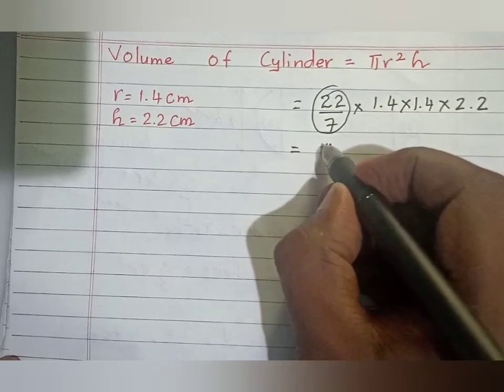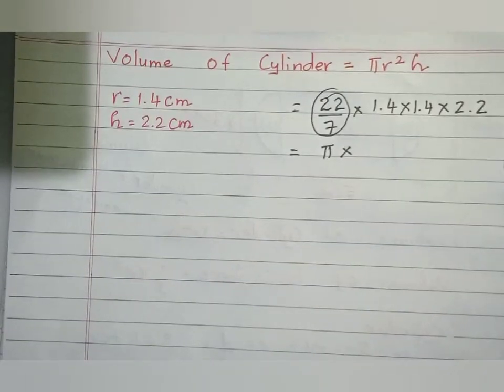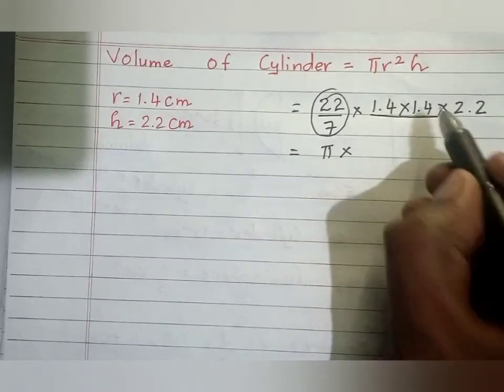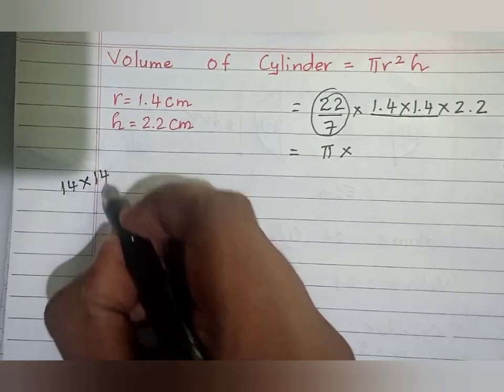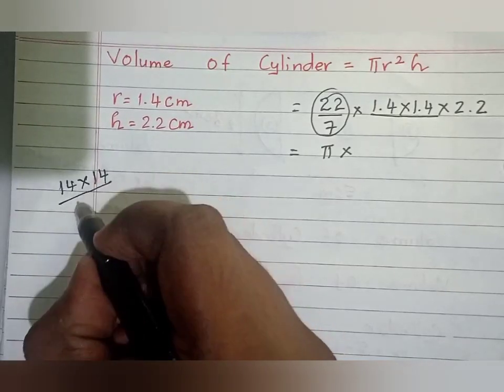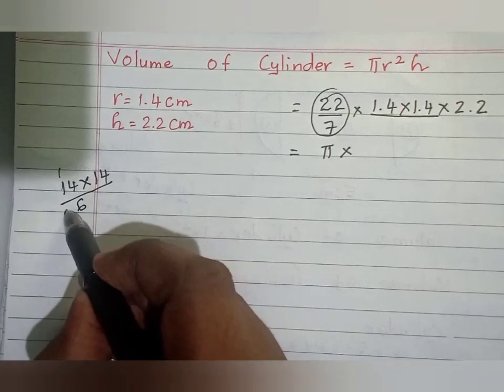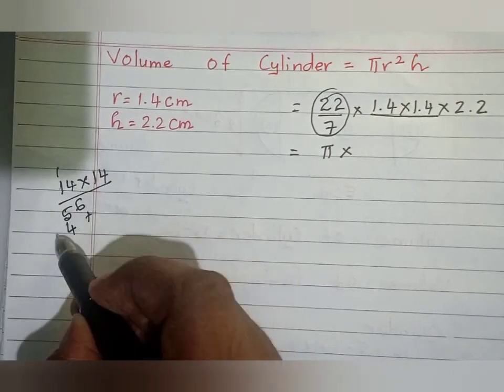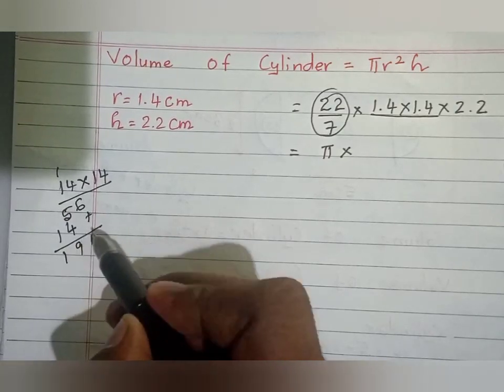Now for simplifying, I'll keep the pi as it is. So 1.4 into 1.4, I'll take that as 14 into 14. So you'll get 196.